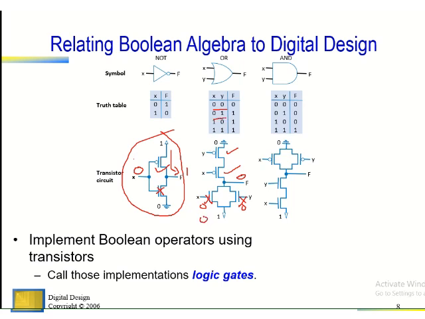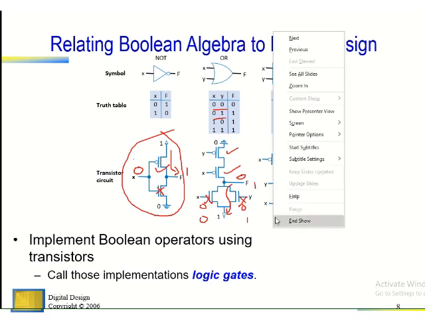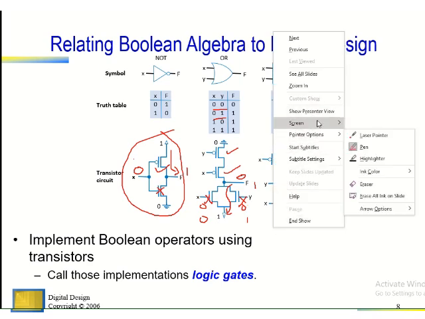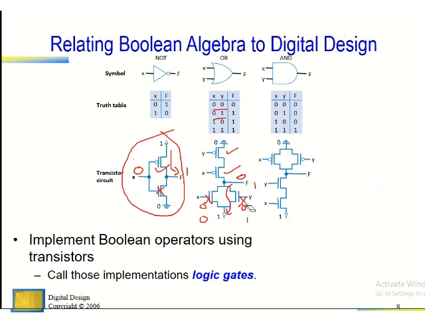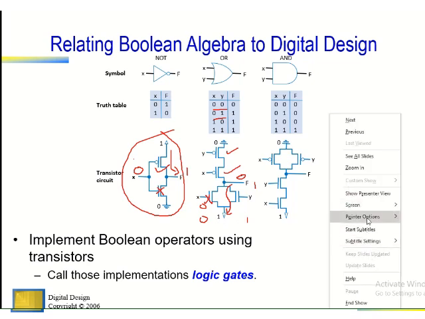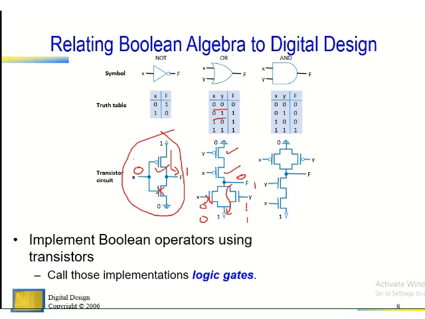If X is 0 and Y is 1, it will create a channel, and you will receive 1 over here through this transistor, right? For the 0 1 combination, this NMOS transistor will conduct and you will receive a 1. So for the 0 1 combination you will receive 1 as an output.